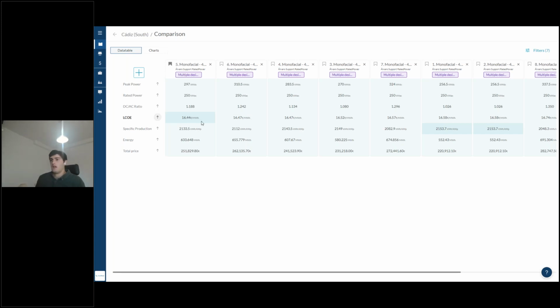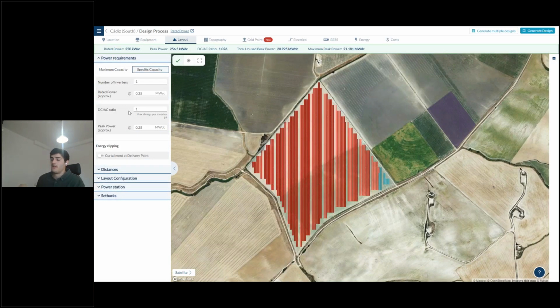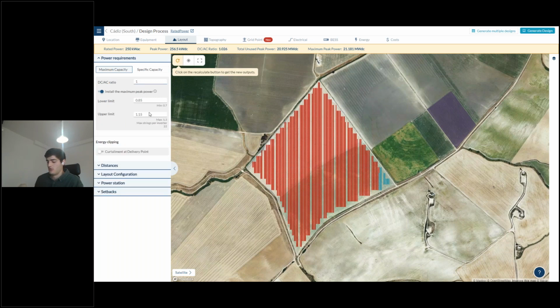So what I did afterwards, to check what will be the LCOE obtained after extrapolating with these two ratios, was to select maximum capacity and say that I want to install the maximum peak power.